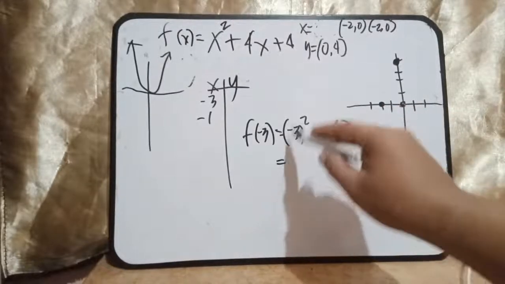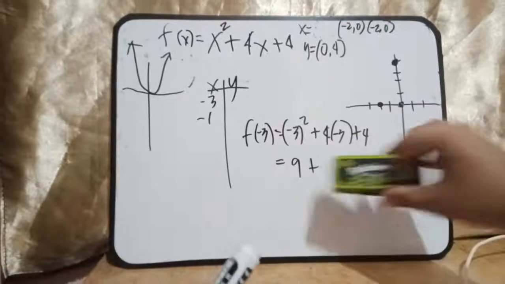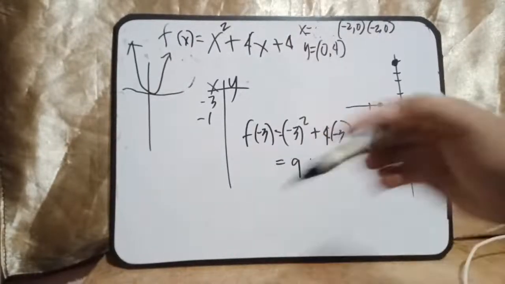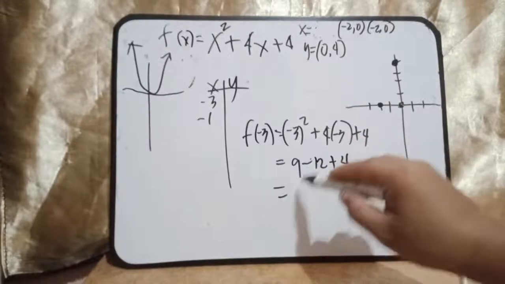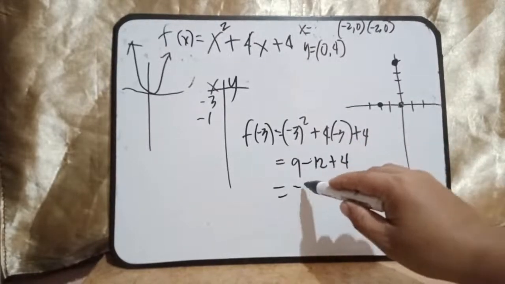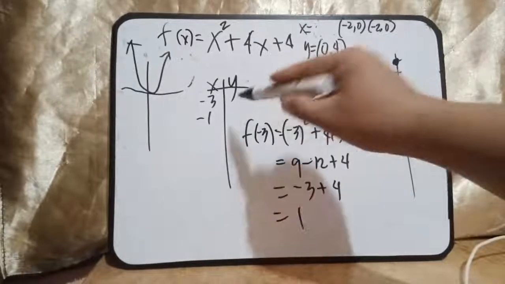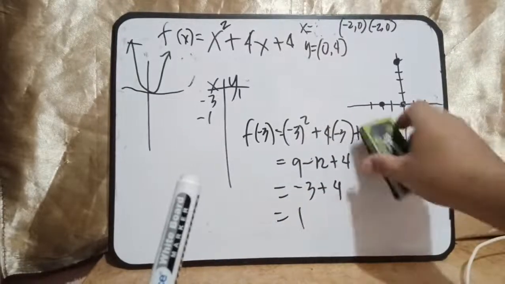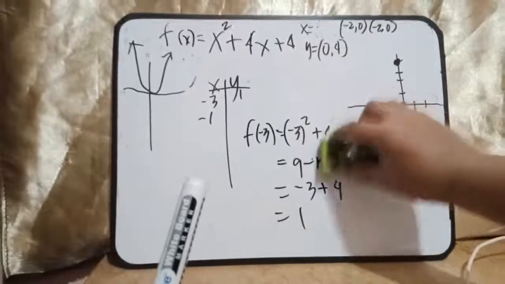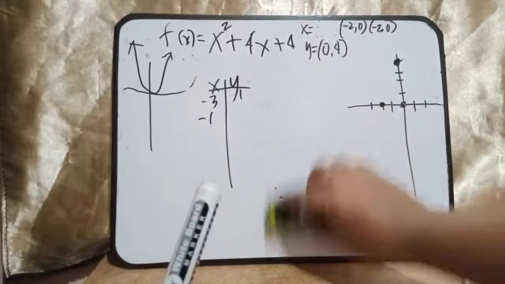So solve natin. That's 9 plus, it's minus 12 plus 4. So it is negative 3 plus 4. Therefore we have 1. So for y we have 1.